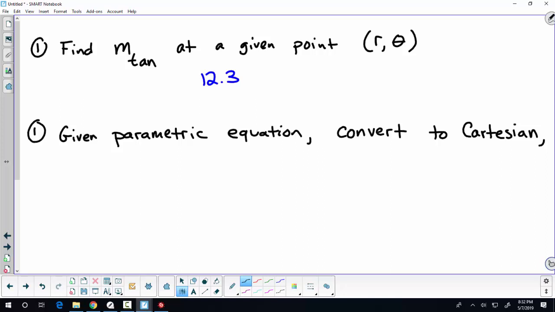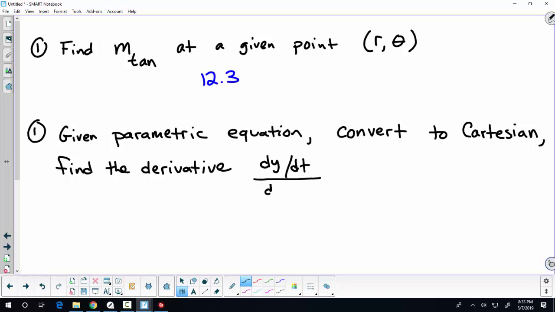Find the derivative of the parametric equation, so it might say find dy dx.